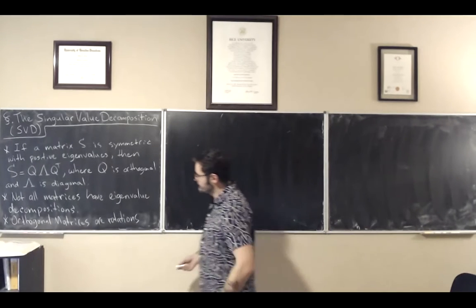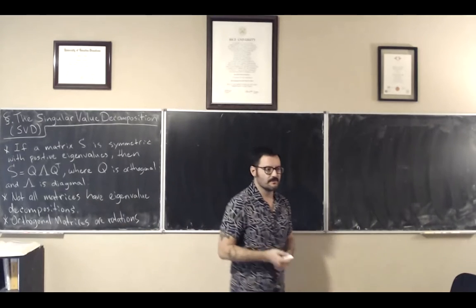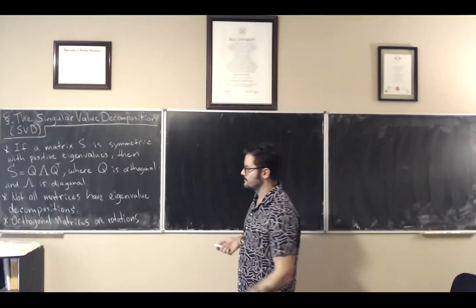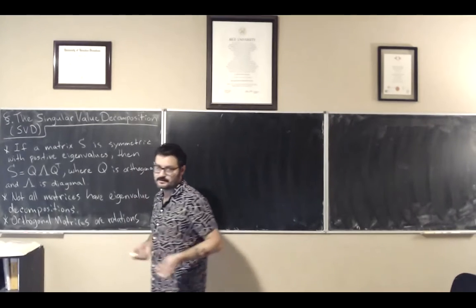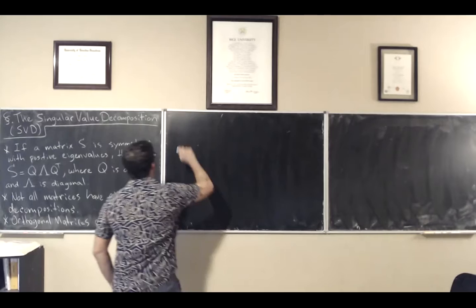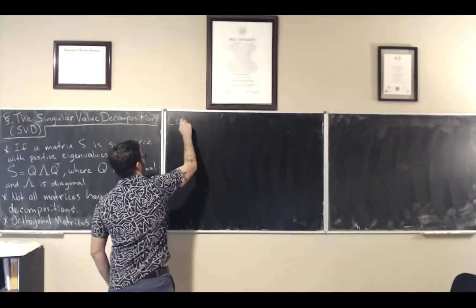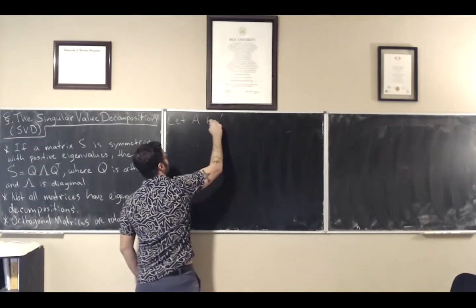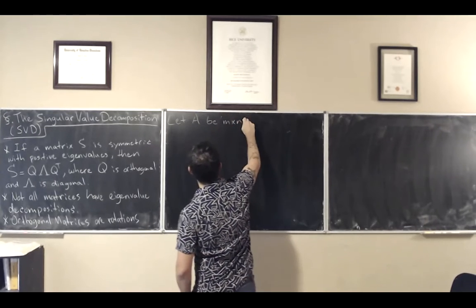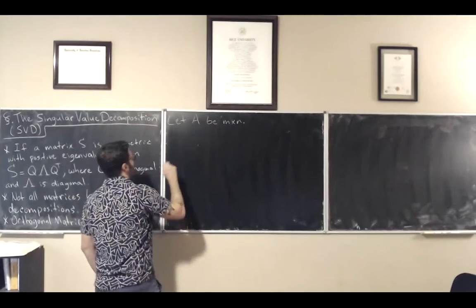Now in general, as this second bullet point notes, if you have an M by N matrix, you're not going to have an eigenvalue decomposition. But we want something as close as we can get to this. How can we mimic this? Let A be M by N. What do we want?